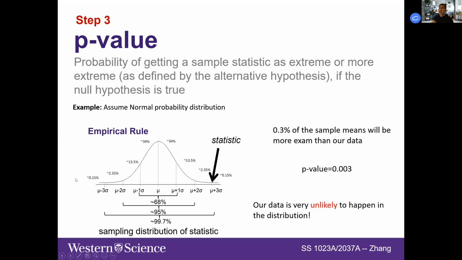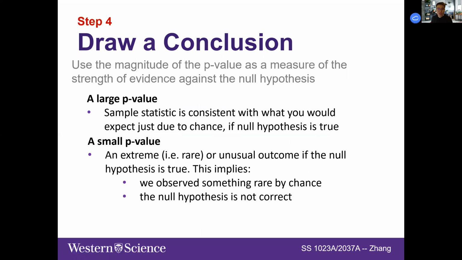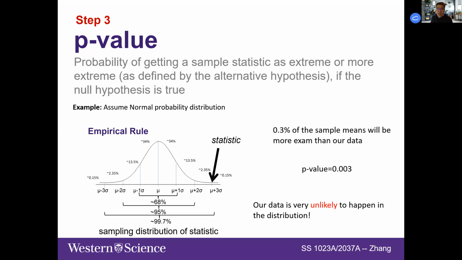So in this course, I won't ask you to calculate the p-value. This is just an example to show you the idea of the p-value and why we can draw a conclusion just based on the p-value. And in the finals, I won't require you to do this. Probably in the future, if you take another higher level stat course, you will come back to this again.